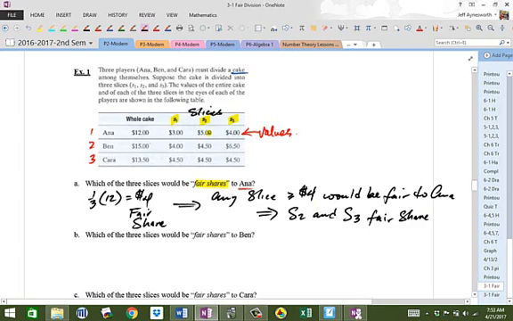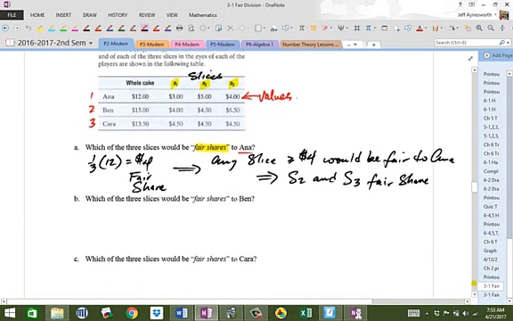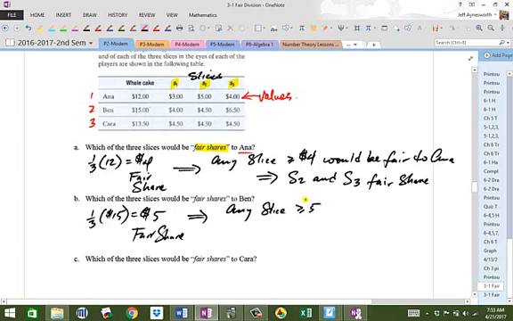Now in respect to Ben, we've got a $15 cake, right? If you divide it equally into 3 slices, you take 1/3 of 15, which is 15 divided by 3, or 5. So $5 would be considered a fair share. That means that any slice greater than or equal to $5 would be fair.